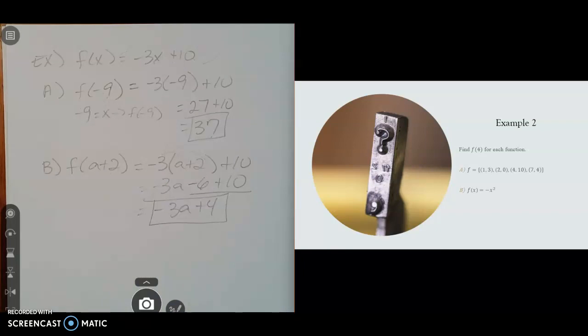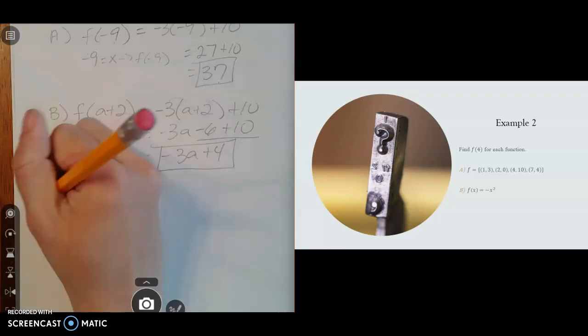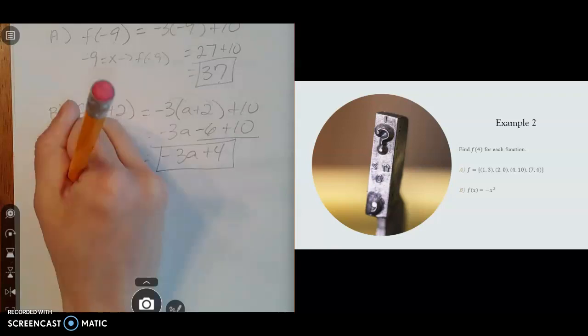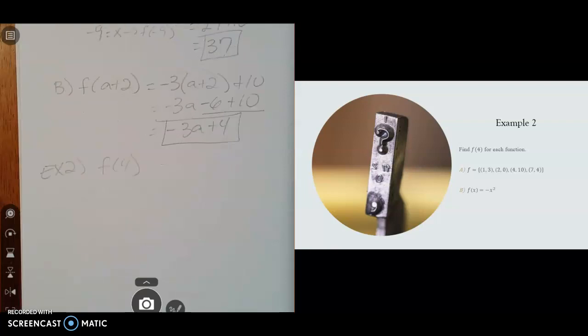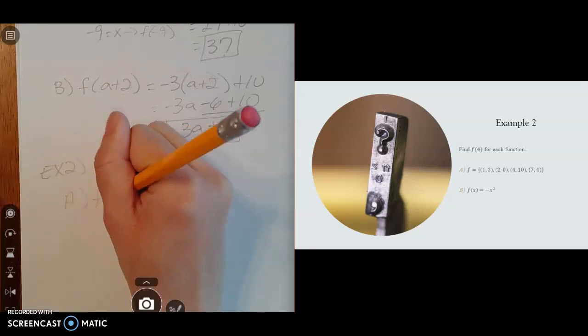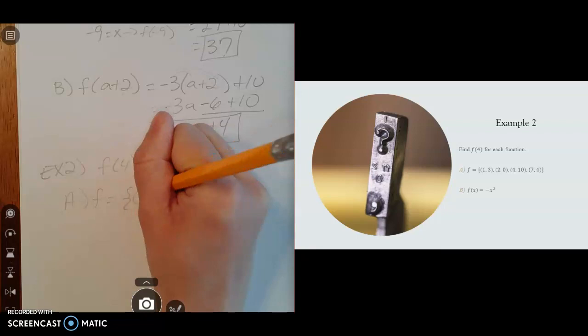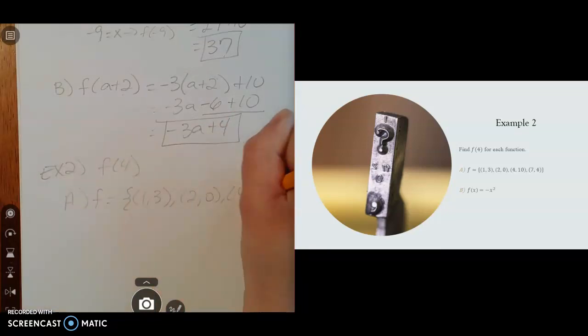Alright, let's do another one. Example 2, for both of these functions, I'm going to find f of 4. So I just want to know, if my input is 4, what's the output going to be? The first one in part A is a set of points. I've got the points (1, 3), (2, 0), (4, 10), and (7, 4).